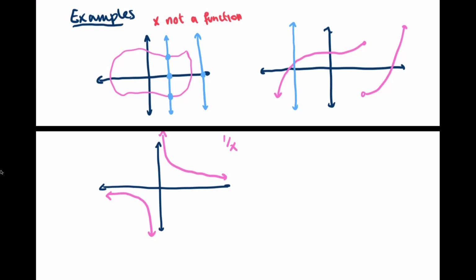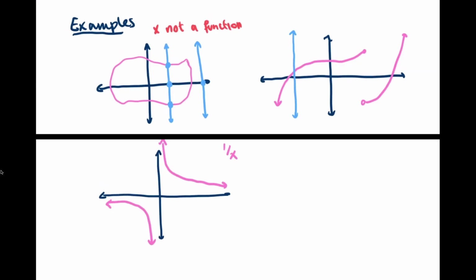So, okay, we need to amend the rule for this. So this is a function. Since I can't divide by 0, right? This function has no output if I input 0. So I'll just restrict the domain.